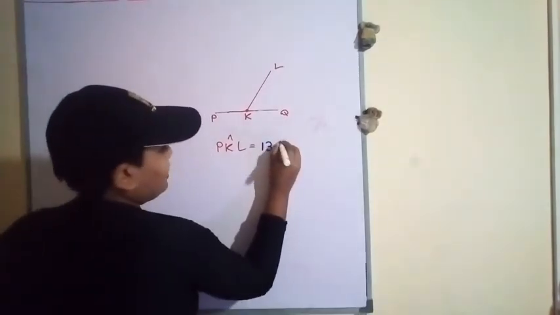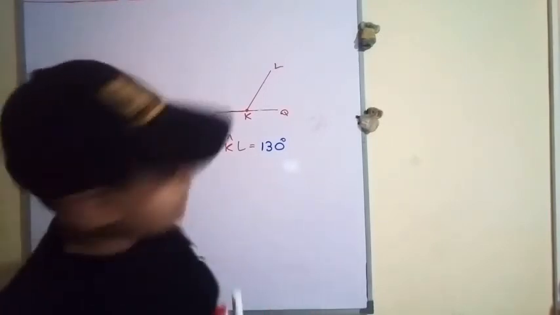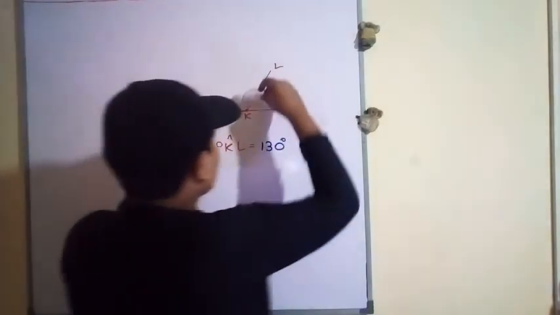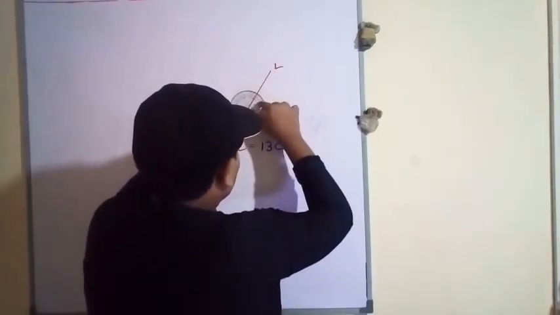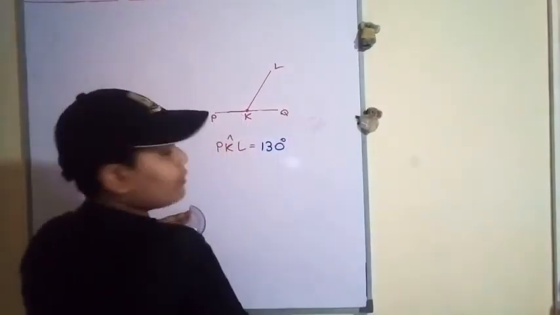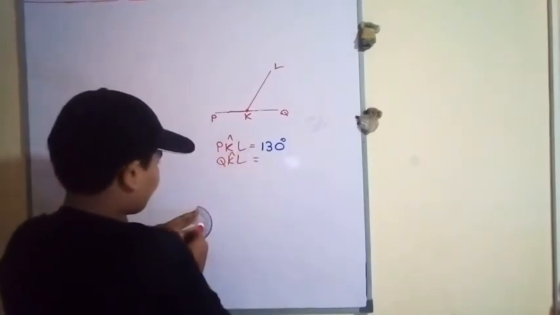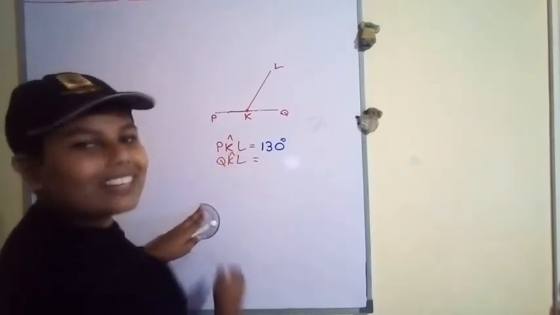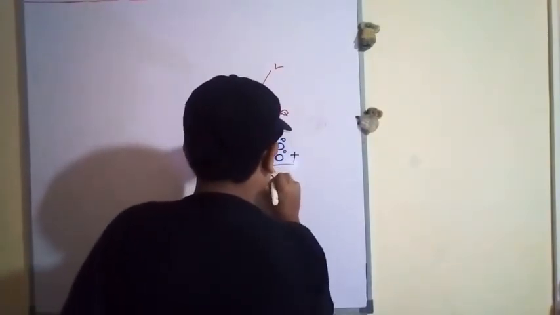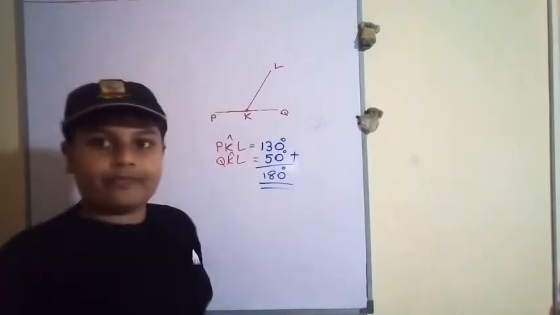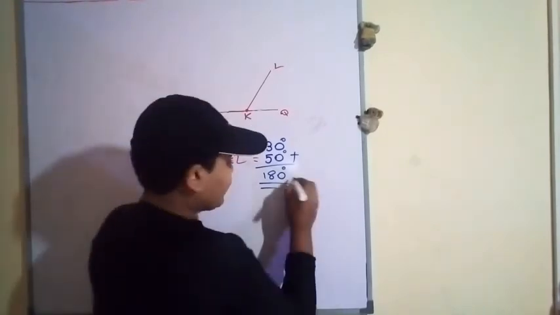PKL means 130 degrees. And again QKL, I keep the point in there and on top it is 50 degrees. QKL means 50 degrees, right? Now altogether it is 180 degrees. You can name this a straight line.